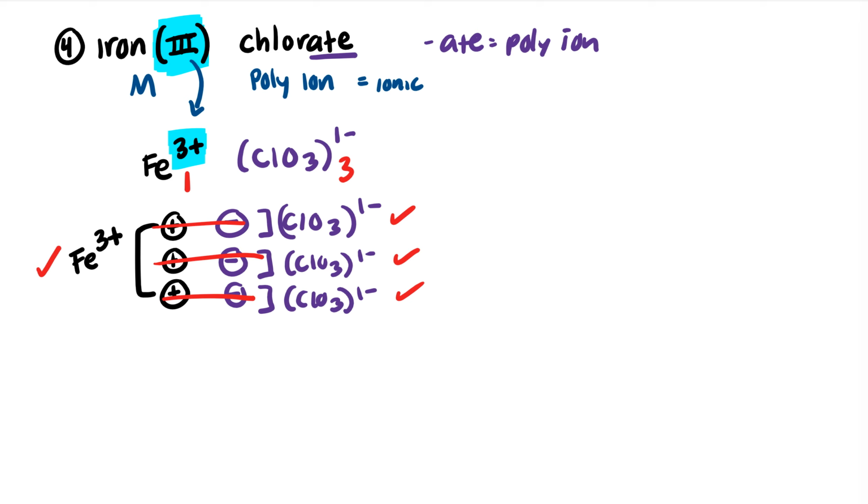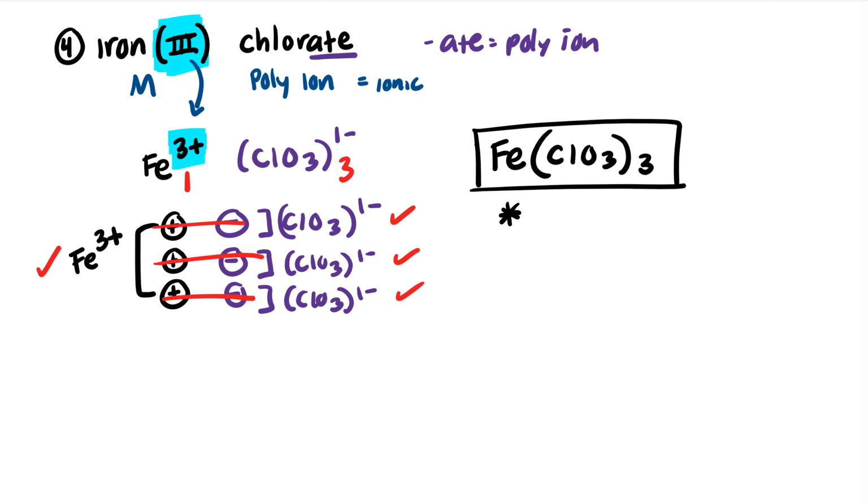And so my final answer is going to be Fe, parentheses, ClO3, close parentheses, and I put a 3 on the outside to denote that we used 3 copies of that chlorate.